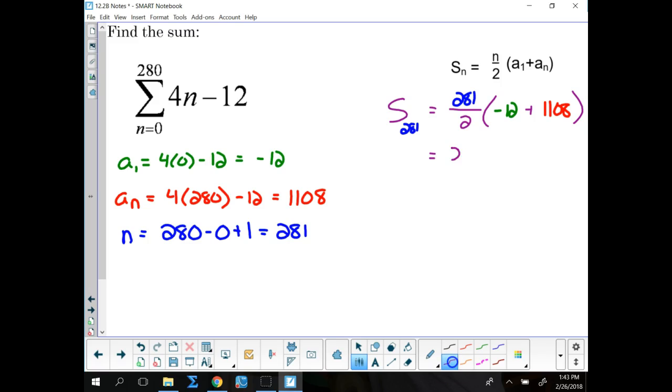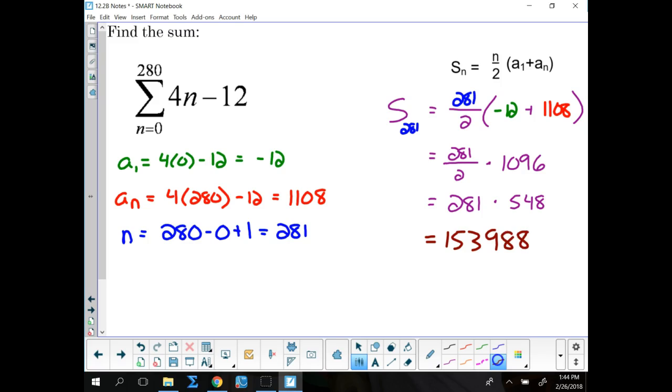So that's going to be 281 divided by 2 times 1,096, which is going to be 281 times 548, which is 153,988. Yes. Okay. Last one?